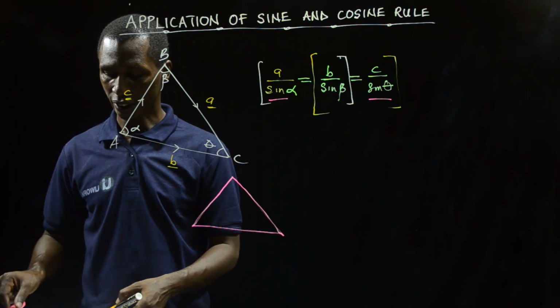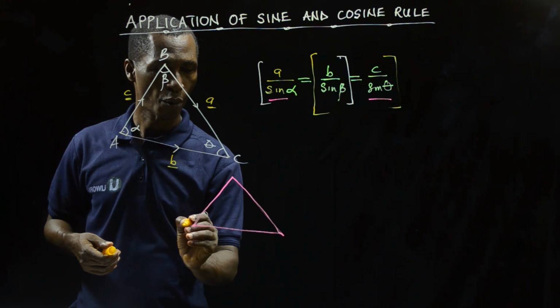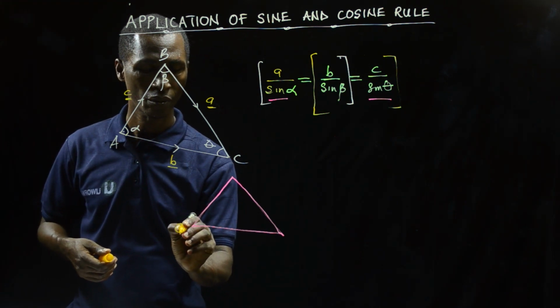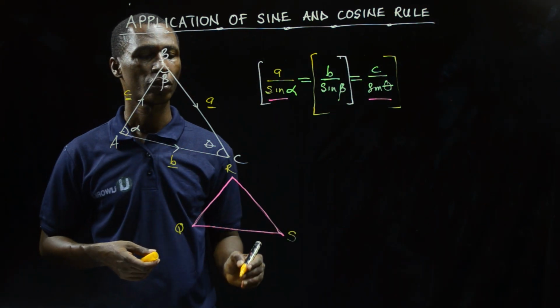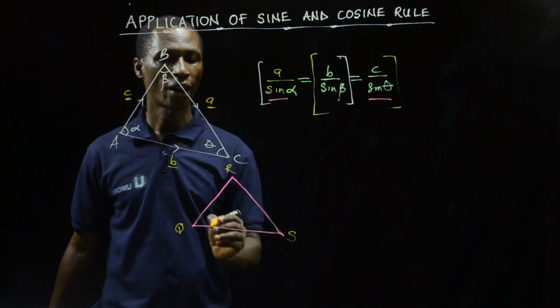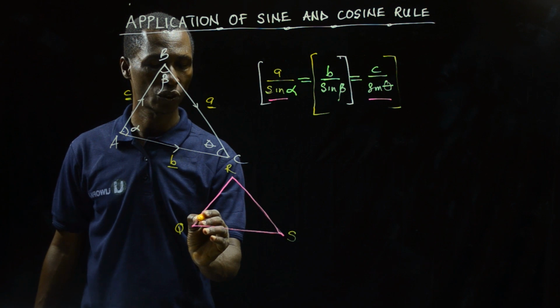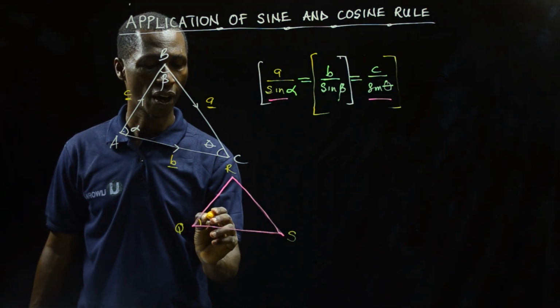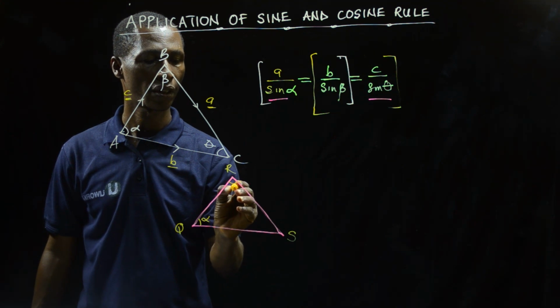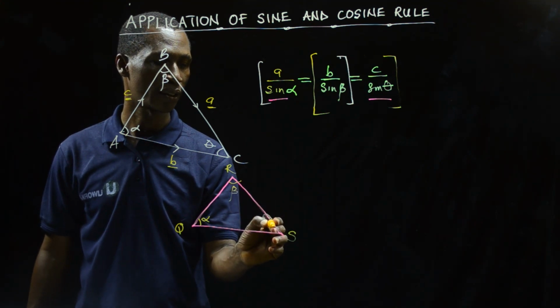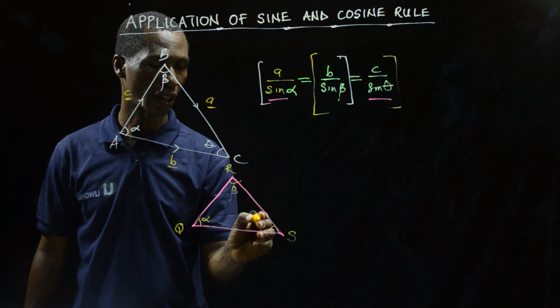We have labeled it Q, R, S. Good. Then we have the angles. I'm still using alpha, beta, and let's say theta as usual.